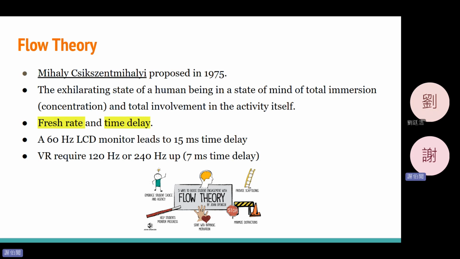And now this will show that the refresh rate and time delay will affect the immersion and involvement. A 60 Hz LCD monitor will lead to a 15 millisecond time delay. So we require 120 Hz or 240 Hz and up, and it will cause less than 7 milliseconds time delay.